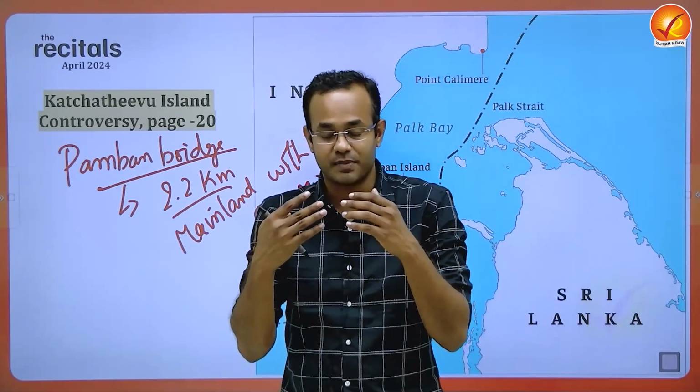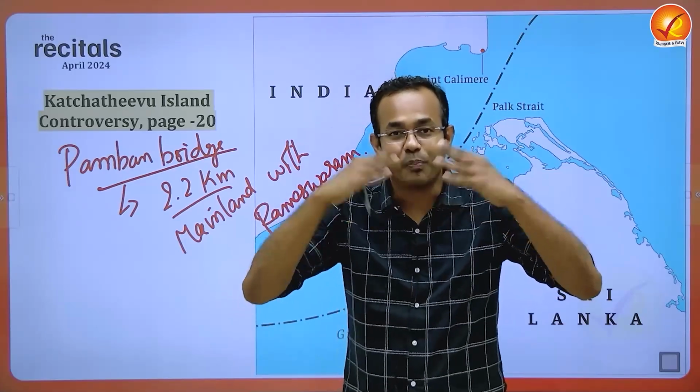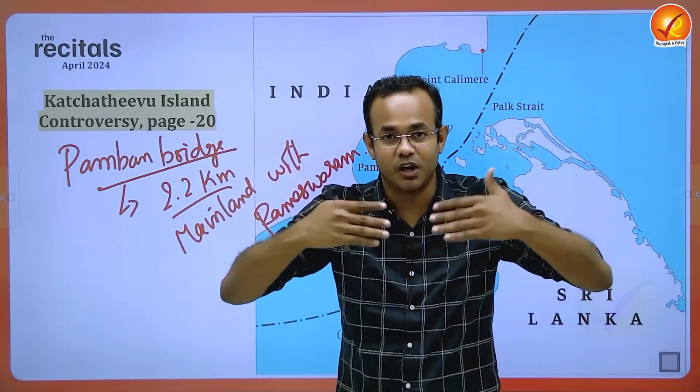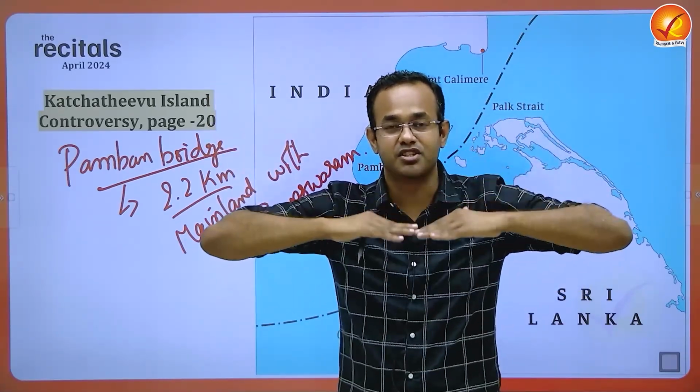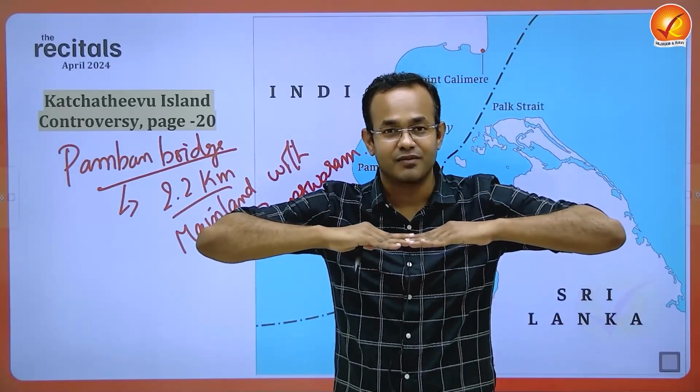The uniqueness of the bridge is that it is a railway scissors bridge. The bridge can open whenever ships have to navigate, and the bridge joins together again for the movement of people.